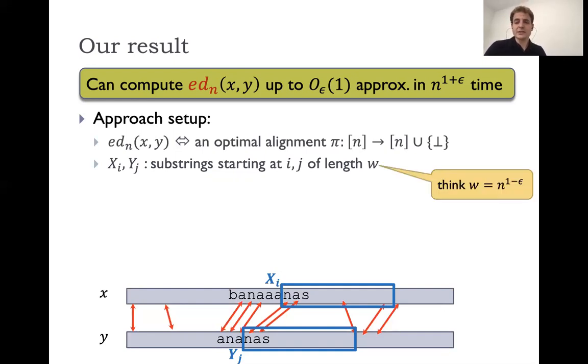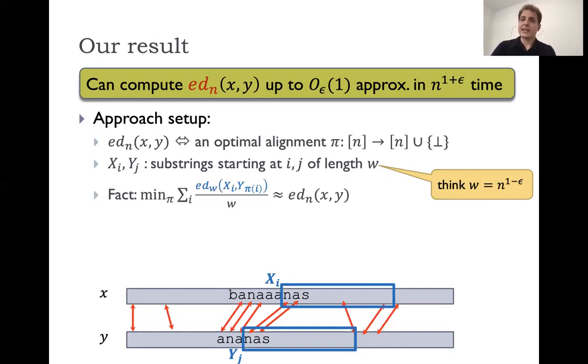It's useful to think of w as roughly n to the 1 minus epsilon in our case. And the fact is that, up to a constant factor, the edit distance between x and y is roughly the sum of edit distances of size w over all the characters i and pi of i, normalized over w.